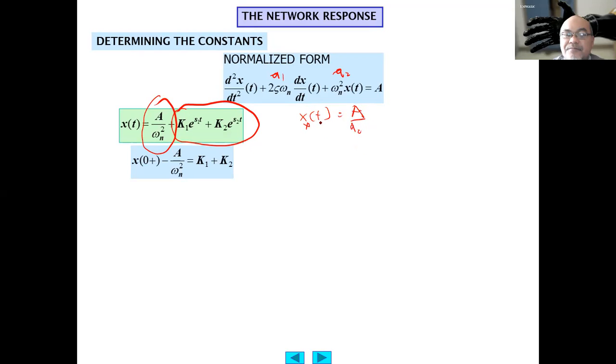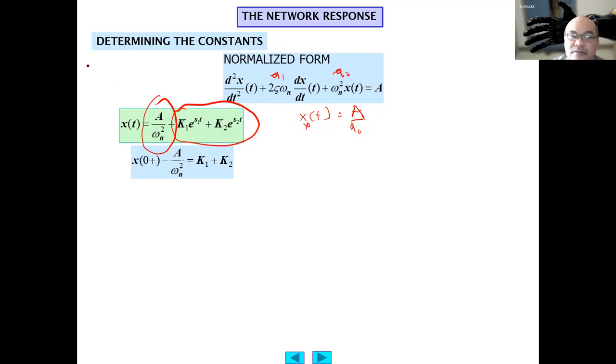When the forcing function is a constant A, the particular solution is also a constant, A divided by A2. The first derivative will be 0, and the second derivative will also be 0. So A2 x(t) equals A, so x(t) equals A over A2.